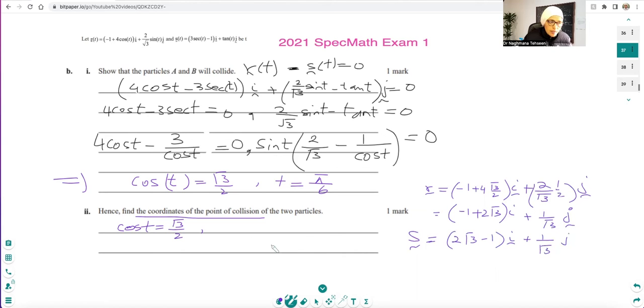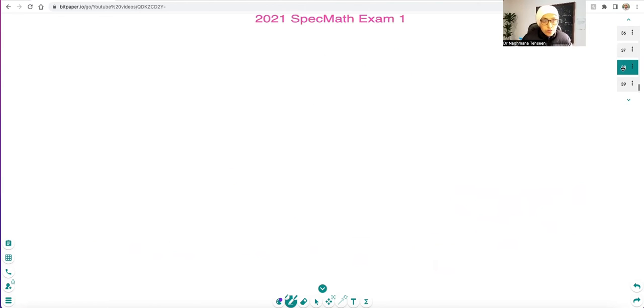You see that in both cases, r is equal to s. So that means the point of collision would be 2√3 minus 1 and 1/√3. So that would be our point there. Okay, so that's part 2 of the question.